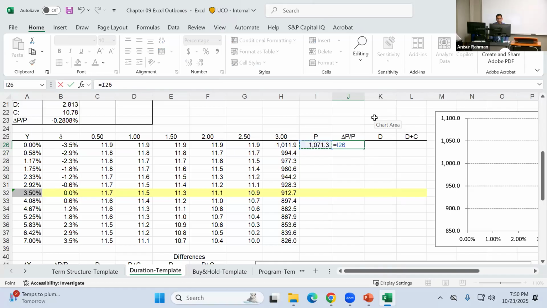So this one divided by what is our original price? Our original price was this, right? 10.1, when the original yield to maturity was 3.5. Oh, okay, yeah. And you can completely lock or you can lock only the row. Go ahead. And minus 1.